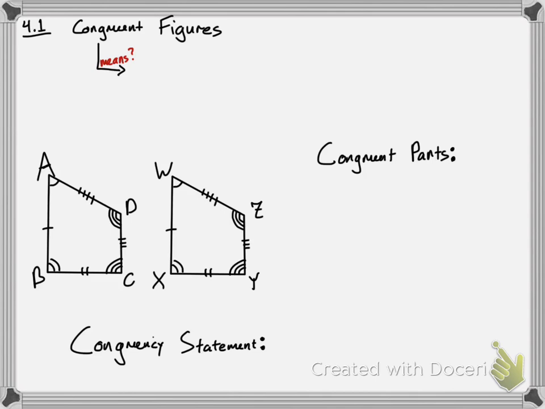So the first question is, that term congruent, what does that mean when we're talking about figures? Well, there's two things. Congruency means that we have the same shape, and that shape is the same size. So we're working with the same shape and the same size of a figure.